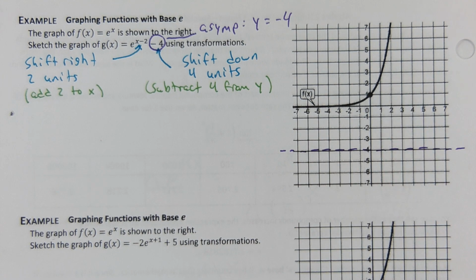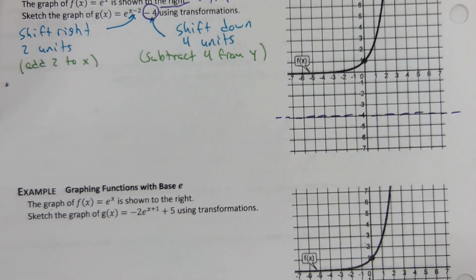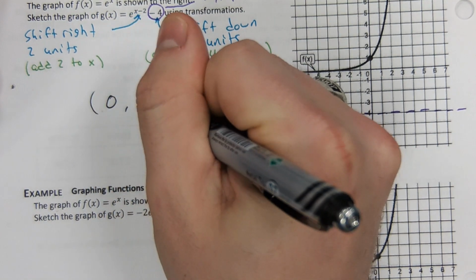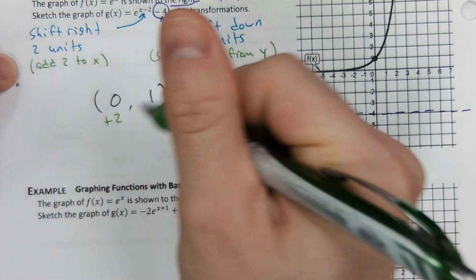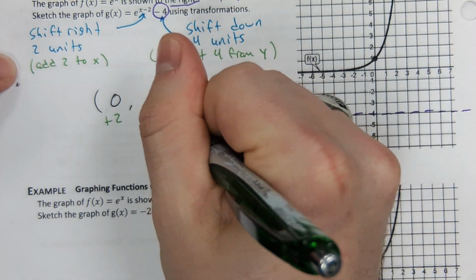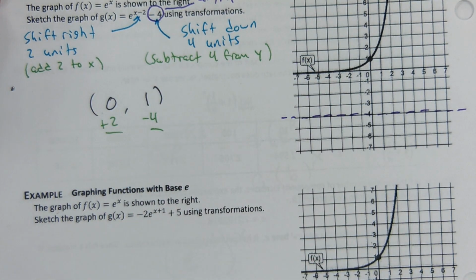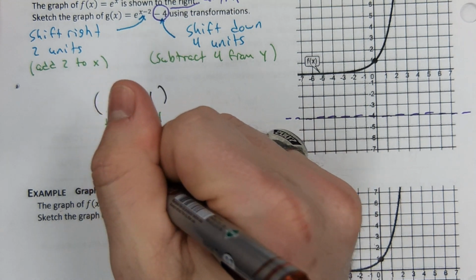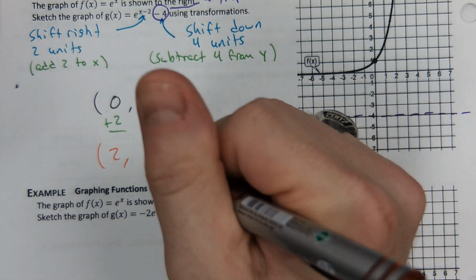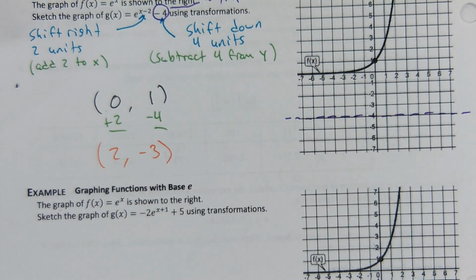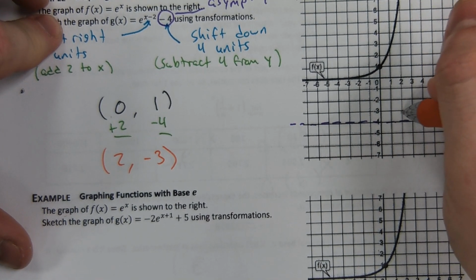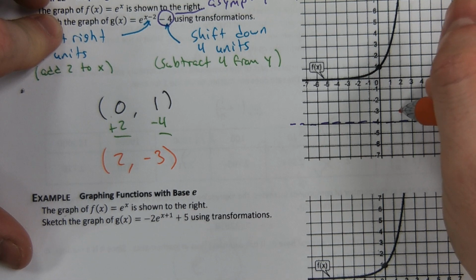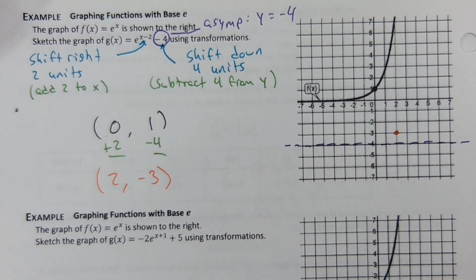Right now, it is at 0, 1. What we've said to do is add 2 to that x value and subtract 4 from that y value. Where that's going to land then is at 0 plus 2, 1 minus 4. It's going to land at 2, -3. 2, -3 is here. That is the only point that is a pretty x and a pretty y.